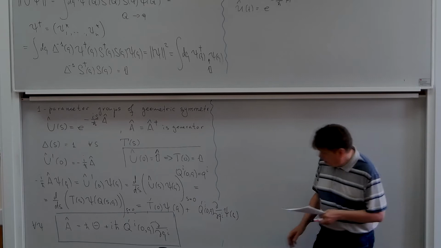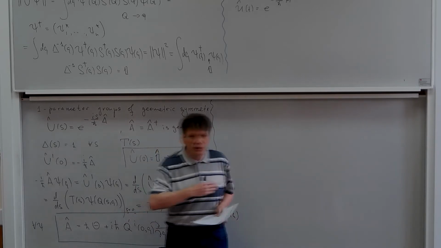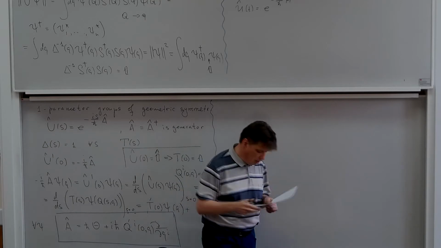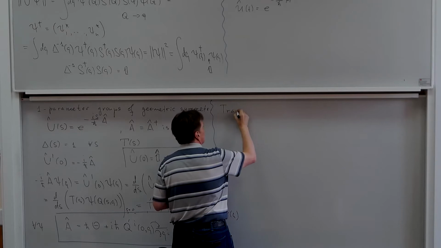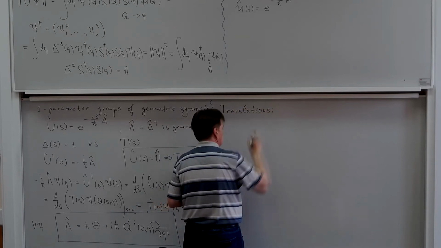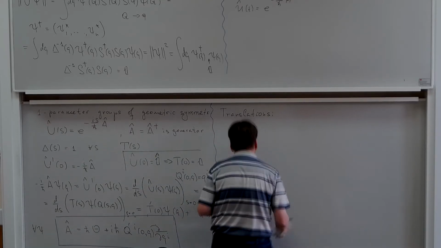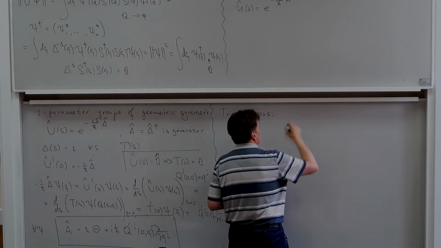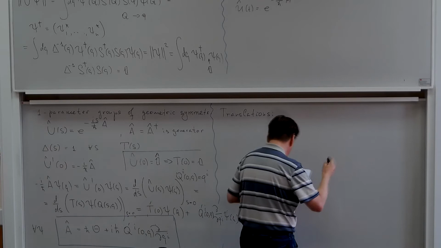To begin with, consider translations along the first axis. As usual, I denote Cartesian coordinates in space by x.